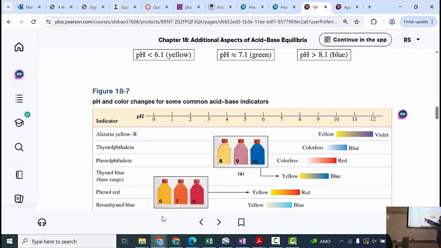Phenolphthalein stays colorless from pH less than 0, negative pH, all the way up to about 8 to 9. Here it's so faint, and so here we're titrating this to about pH 9. This is when the faint pink becomes readily apparent, or maybe a little bit before.